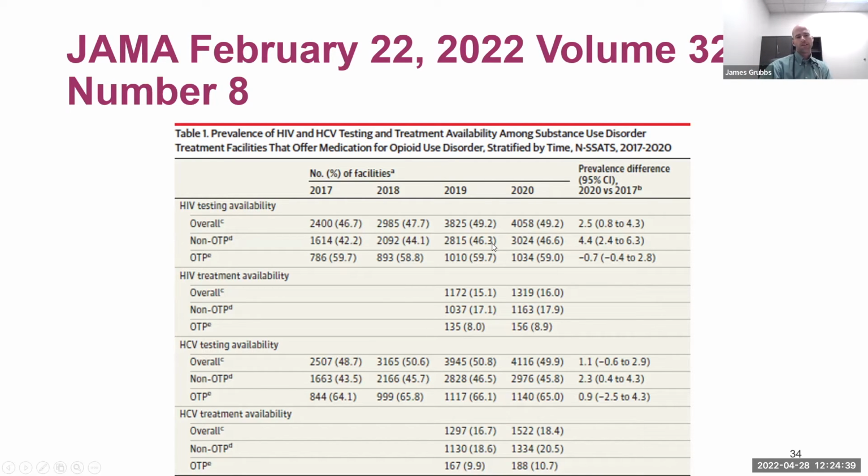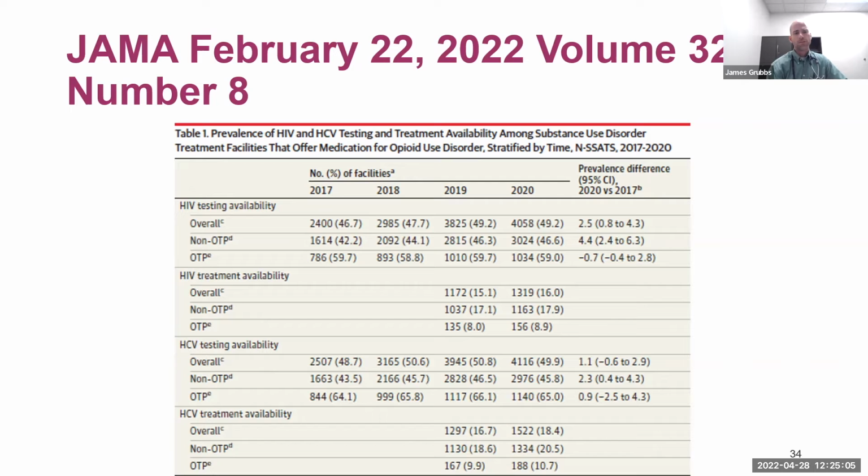In 2020, overall, less than 50% of these programs were offering HIV testing. And we know this is a major risk factor for HIV. The numbers for hepatitis C testing weren't really that much better. Treatment availability at these programs is even lower, and that has to do with how comprehensive care delivery can be.